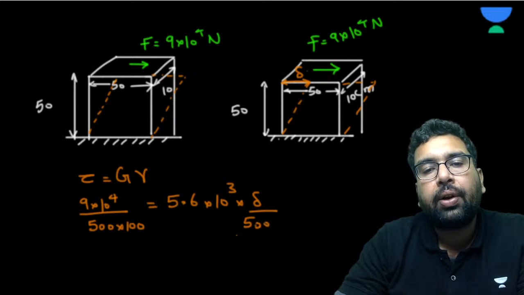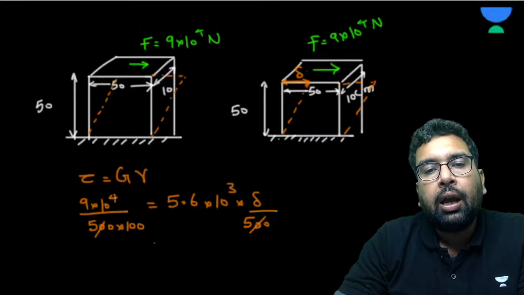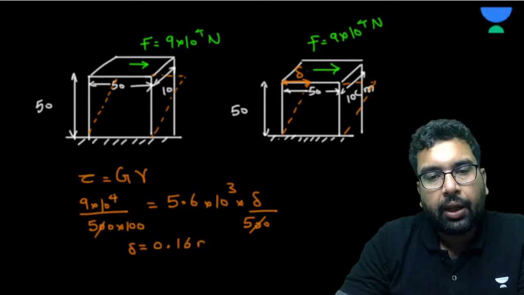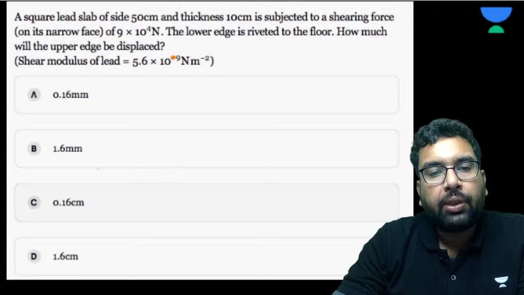So from here these two cancel out, and we will be getting 0.9 divided by 5.6, that is 0.16.